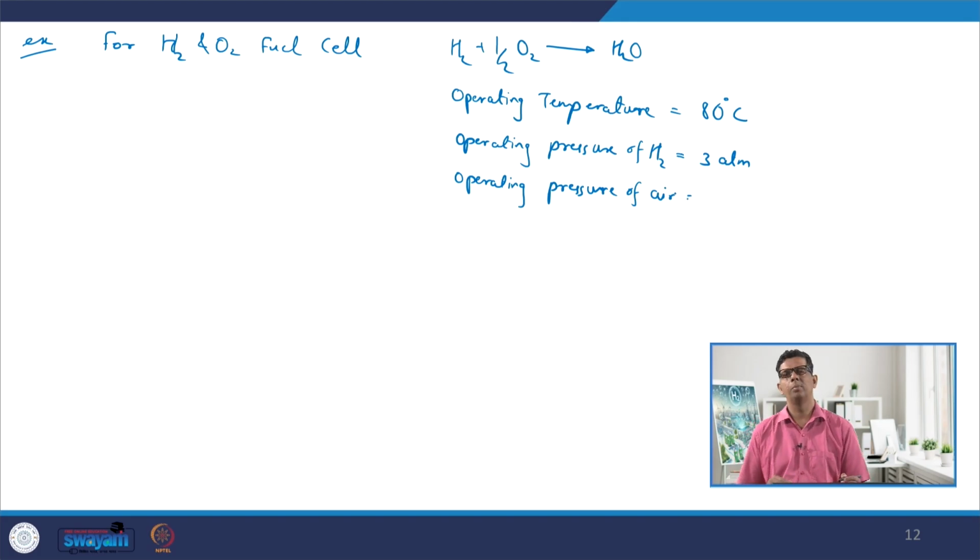So in the last numerical we had taken air to be oxidant. So let us continue with that. So 5 atmospheres. So these are my conditions.